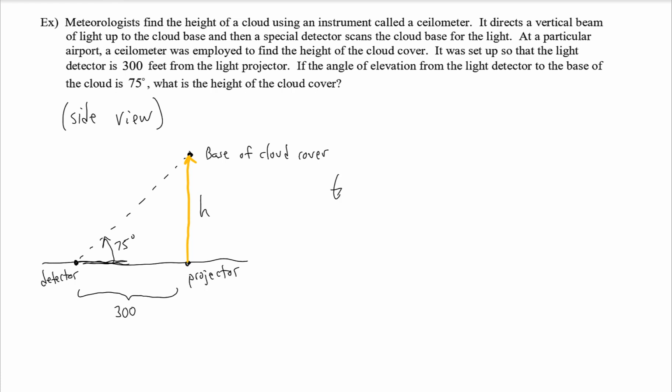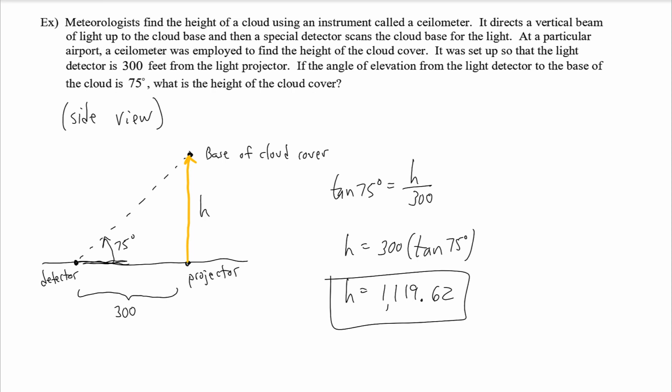So tangent of 75 degrees is opposite over adjacent. So all I have to do is 300 feet times tangent of 75 degrees. Asking the calculator, it turns out the cloud cover is 1,119, and if we round a little, almost 1,120 feet in the air to where the clouds start.